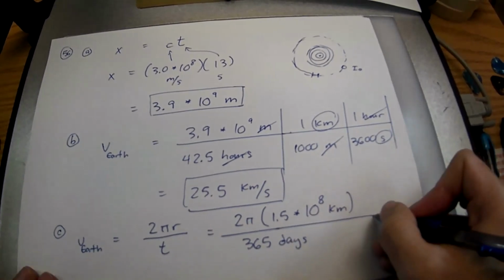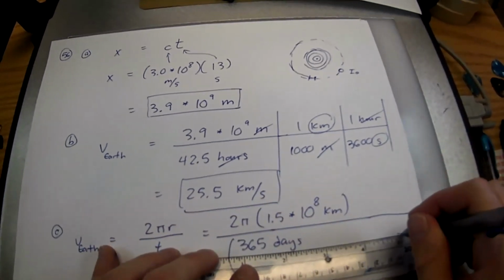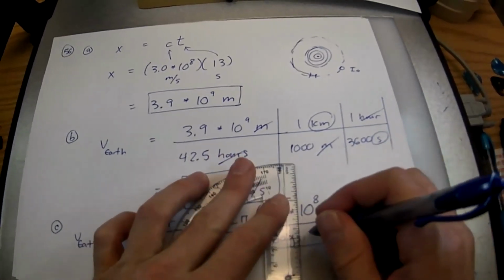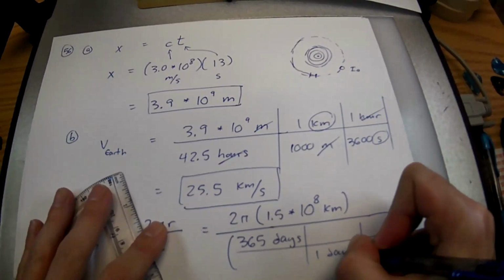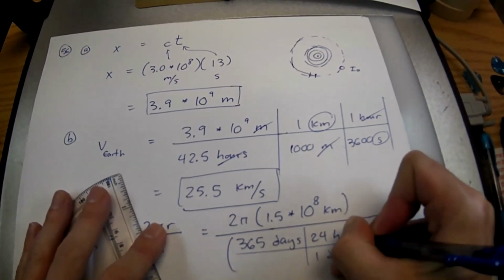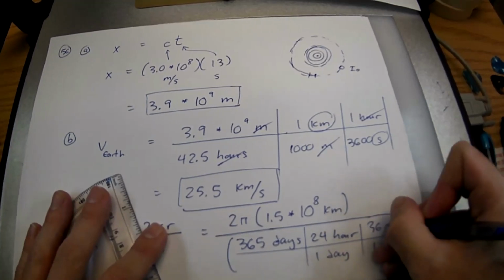Maybe I'll do a little dimensional analysis down here, all in this denominator. So, okay, 1 day, 24 hours, and 1 hour, 3,600 seconds.